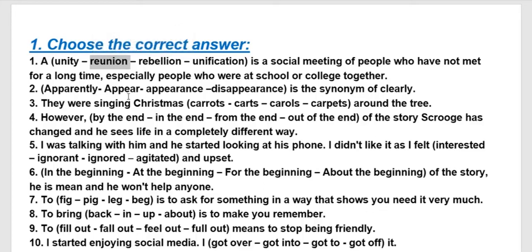Apparently, appearance, disappearance: the synonym of clearly is apparently. Apparently and clearly have the same meaning. They were singing Christmas carols. Carols are the same as songs, but religious songs.